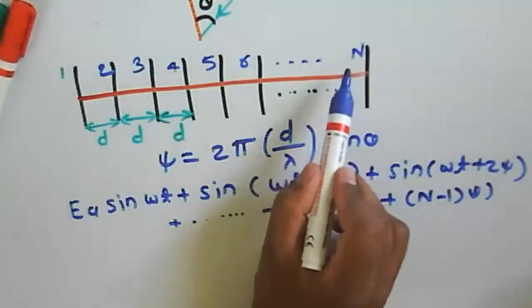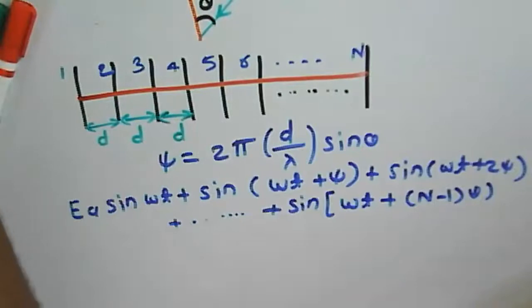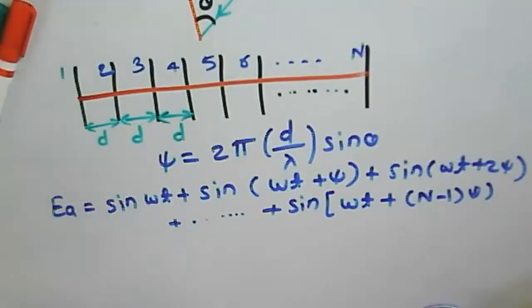That's why n minus 1 is the number of phase differences. So we get the total voltage or summation of the voltages here, E_A, equal to sine of this particular term.